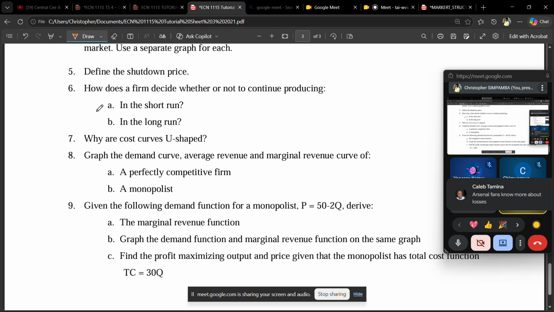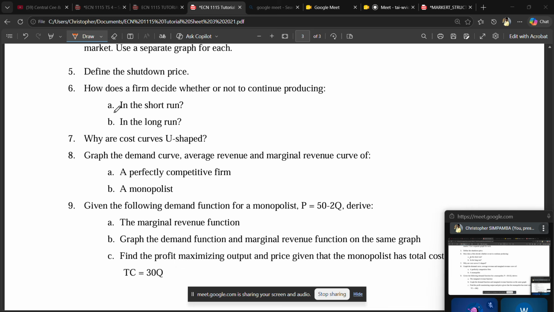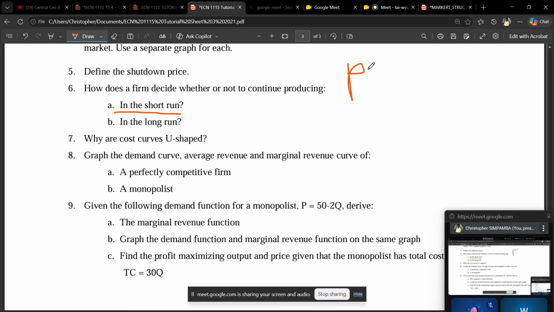All right. So question 6 was asking how does a firm decide whether or not to continue producing in the short run? We've already illustrated those conditions. In the short run, a firm will decide to continue producing when price is above the AVC.